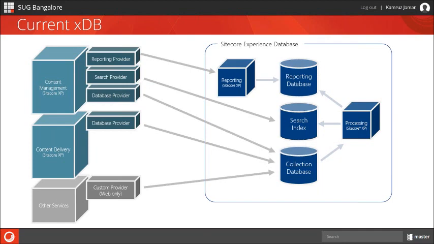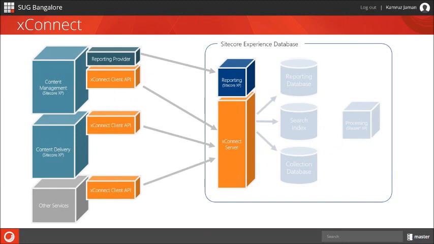There's a dependency on the Sitecore kernel, because you need to have a CM or a reporting or a whatever instance deployed in order to do anything XDB related. If you want to send some data from other devices, they've all got to talk to XDB through the content management or the content delivery servers, for example.